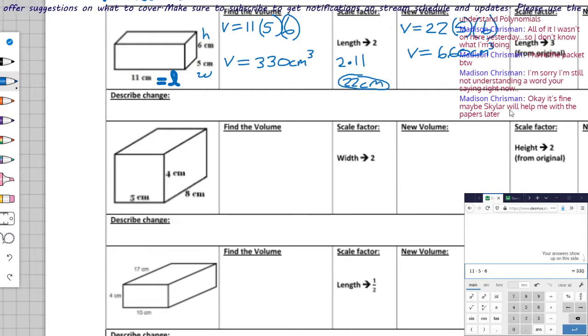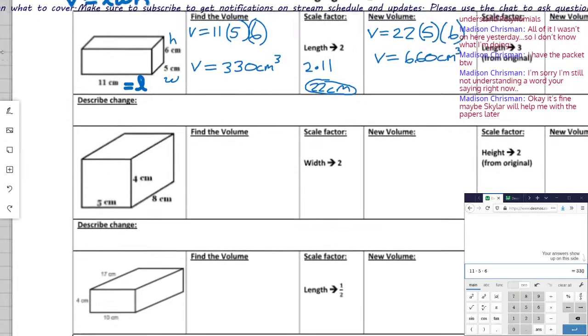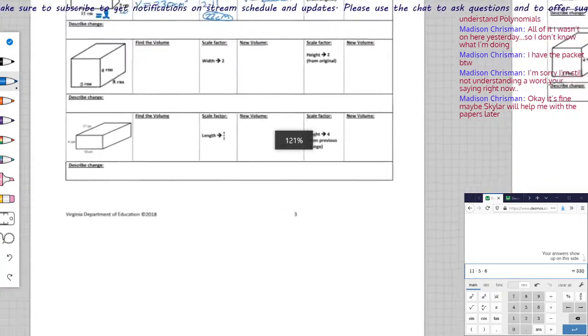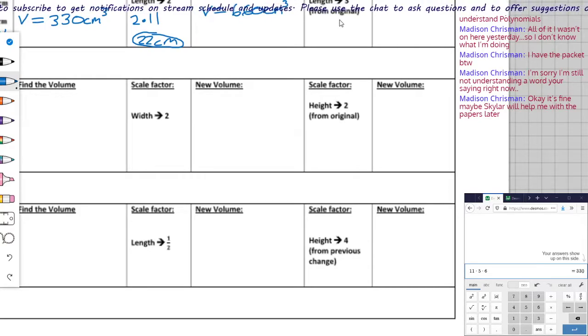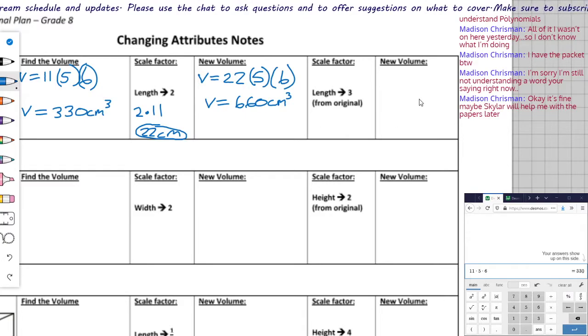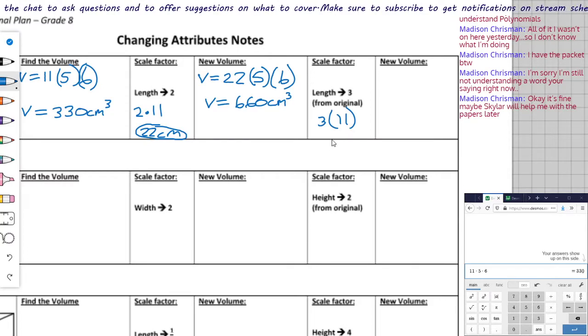Well, let's see if that is the same if we were to multiply by 3 instead. So if I started over, I decided, you know what, no, I'm going to get an even different box. I would make that new length then 3 times the original. So if it was originally 11, I want it 3 times the original. That means then my new length is going to be 33 centimeters.